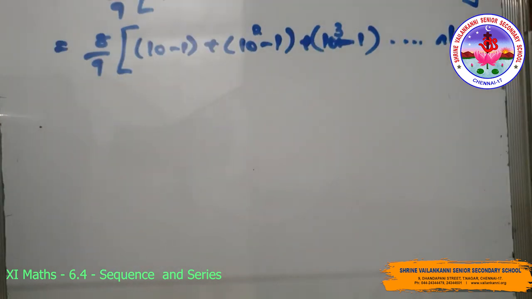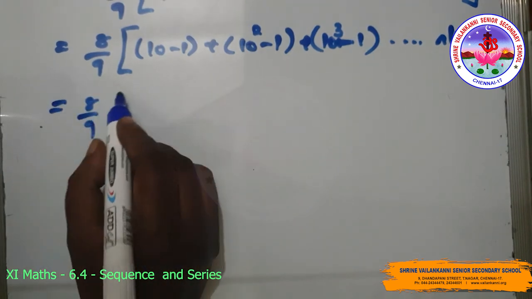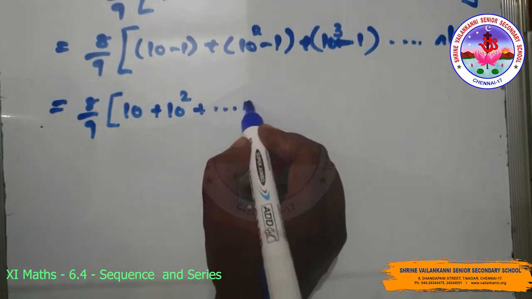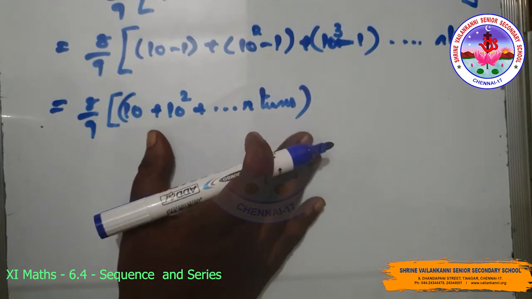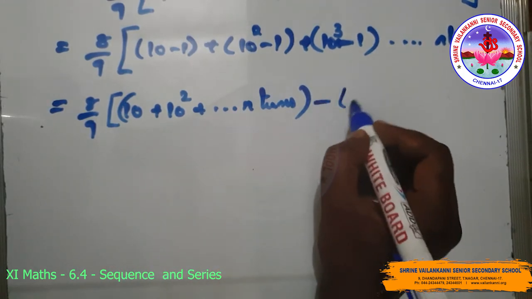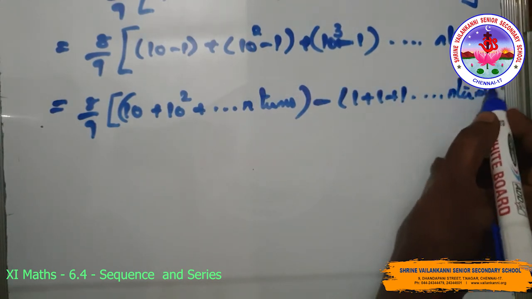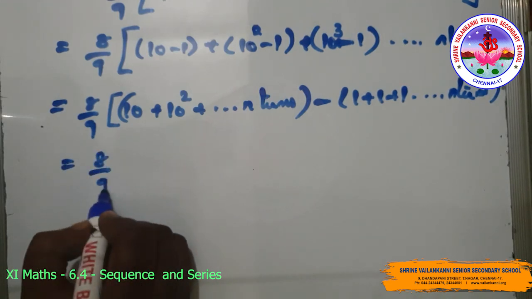Now we can split this into 2, which is equal to 8 by 9, 10 plus 10 square etc. till n terms, in which we can see that we have formed a GP, minus 1 plus 1 plus 1 etc. till n terms, which is equal to 8 by 9.